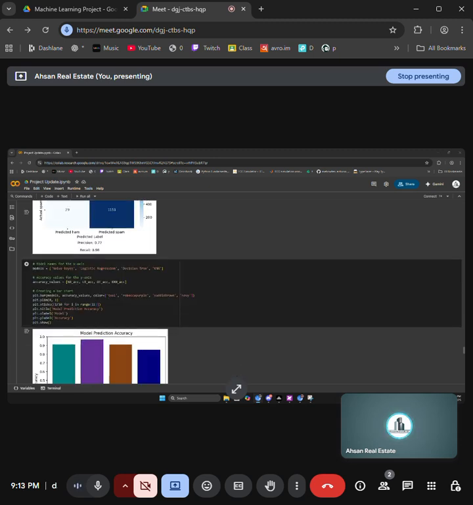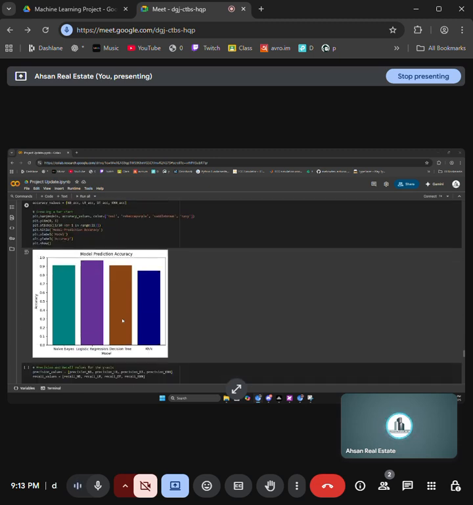After that we plotted all the accuracy values in a bar chart to see which one is better, where we can find that logistic regression performed the highest among all the models.